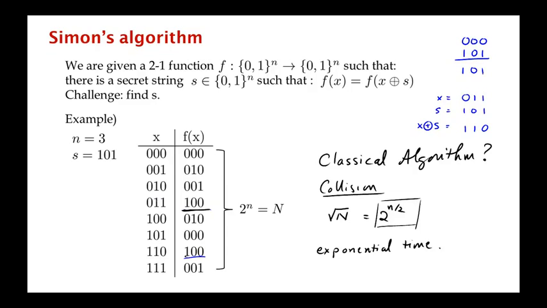So what's the new state of the system? In order to figure it out, we must cross out all the parts of the superposition which are inconsistent with this outcome. Then the new state of the system is an equal superposition over this value of x and that value of x, meaning an equal superposition of 0, 1, 1 and 0, 1, 1 plus s.